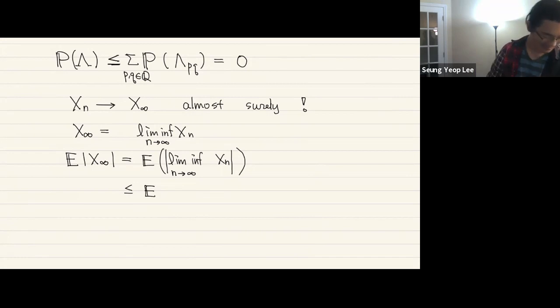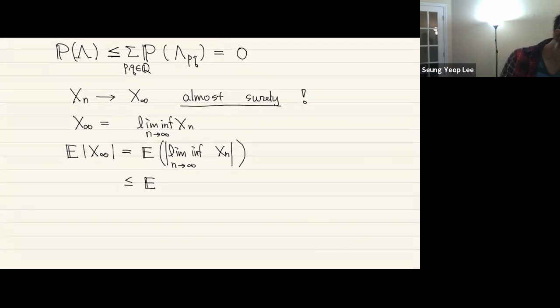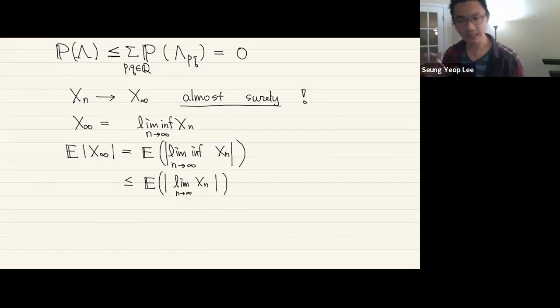Yeah, but right, we already showed that this convergence is almost sure convergence. And whenever we take the expectation, lim inf and limit don't differ, because the only part where lim inf and limit are different is the probability zero part.